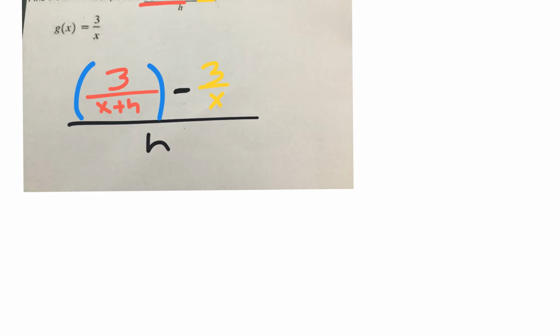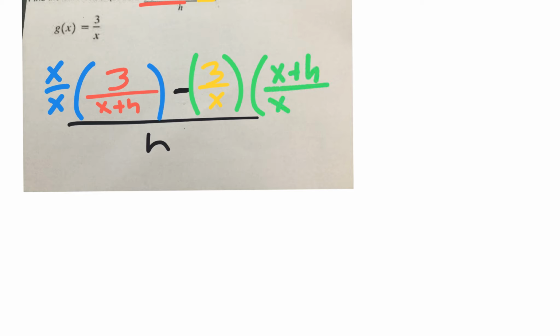I want to multiply this first fraction by x over x. And I want to multiply the second fraction by x plus h over x plus h. Because now that gives me a common denominator of x times x plus h.